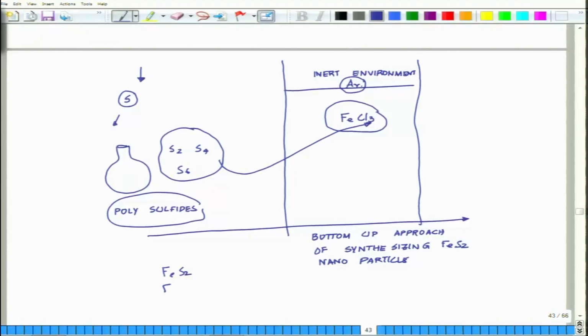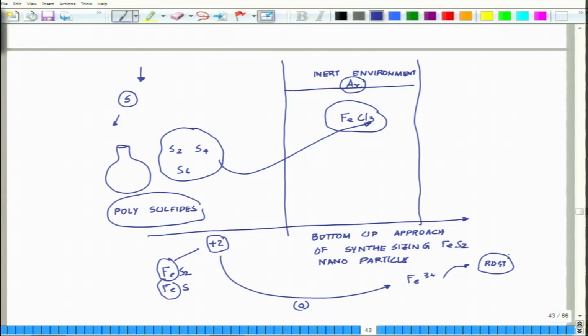So, when we talk about FeS2 or FeS, these are the moieties where iron is in oxidation state of +2. Otherwise, if you look at any iron compounds on the floor of earth, they all are oxidized from Fe2 to Fe3 in the presence of oxygen, which leads to the formation of rust.